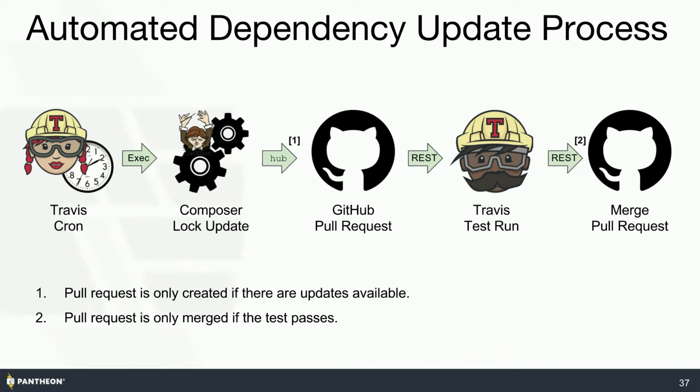This tool will use Hub to automatically create a pull request on GitHub, and GitHub will then automatically use the REST API for Travis to run your Travis tests, as every pull request already does. And when the pull request finishes, it will use the REST API to tell GitHub to merge the pull request.